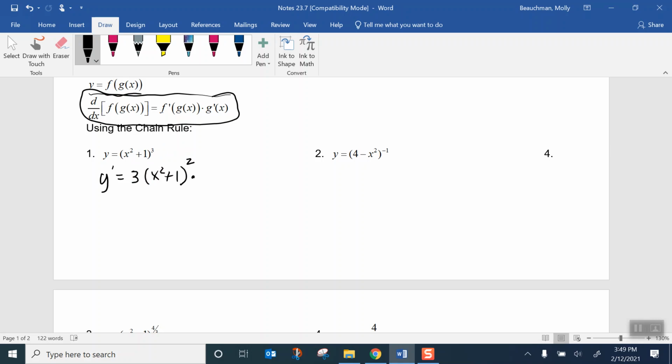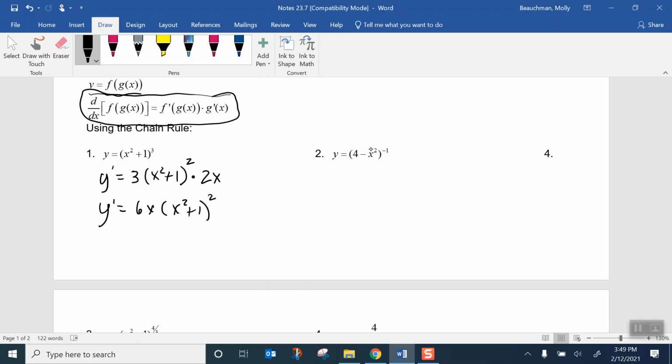Then times the derivative of the function on the inside, the expression inside parentheses. The derivative of x squared plus 1 is 2x, and then do multiplication, simplify that expression. 3 times 2x is 6x times (x squared plus 1) squared.